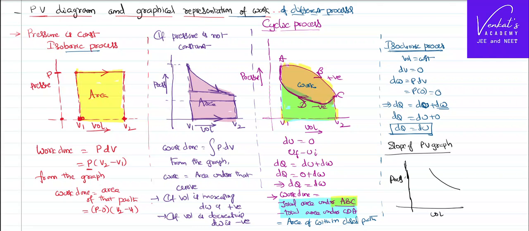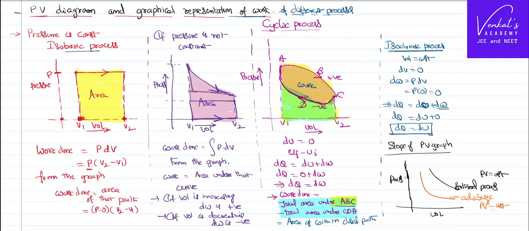The isothermal process, where temperature is kept constant, therefore PV equals constant. And we have another process called the adiabatic process. In this process, temperature is not constant, therefore Boyle's law is not valid. It is not PV constant; PV to the power gamma is constant.